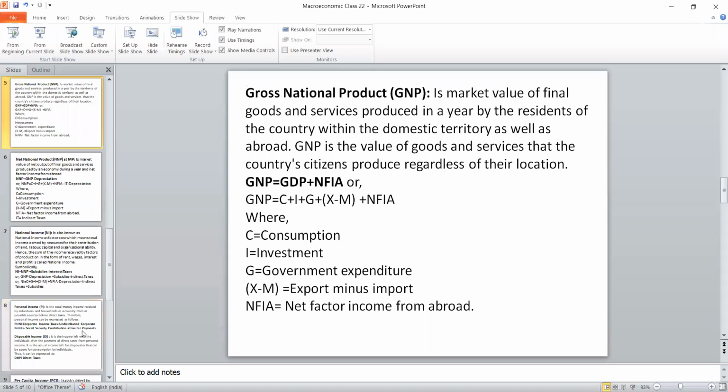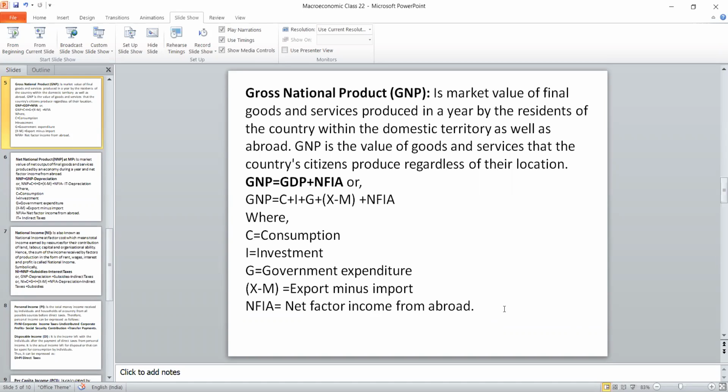Then we are moving to the next one, gross national product. Understand one thing, there is a slight difference between GDP and GNP. GNP is the market value of final goods and services produced in a particular year by whom?